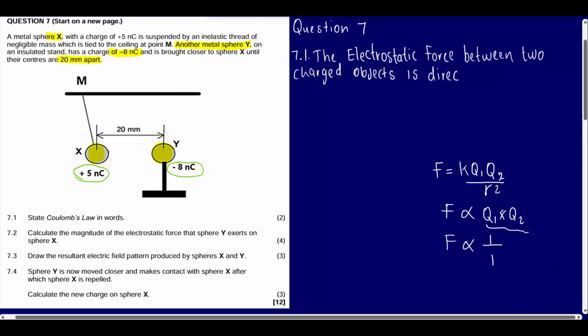We'll see that also the force here is inversely proportional to the distance. But remember, this is not just the distance, it's inversely proportional to the square of that distance.